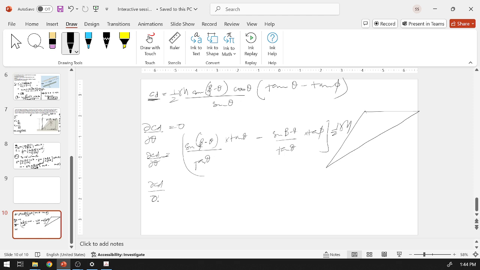Del c_d by del theta equals this, and this goes.